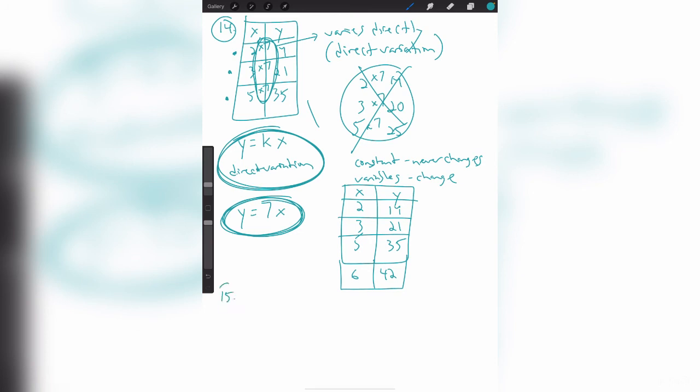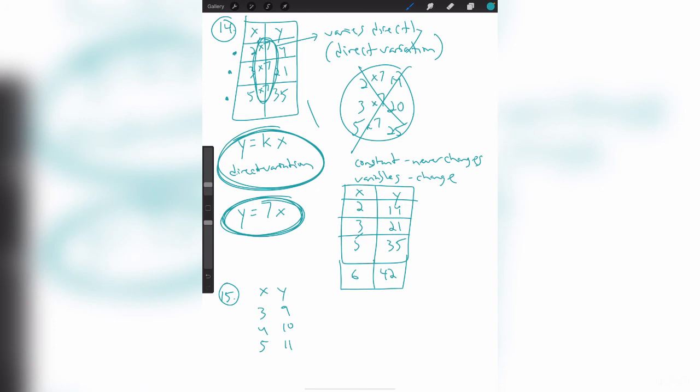All right, let's look at number 15. It's the last one. And it says x, y. I have my x, y values. I have 3, 4, and 5. And I have 9, 10, and 11. Okay? So in this problem, it's going to be looking at my x values and seeing if they directly vary.